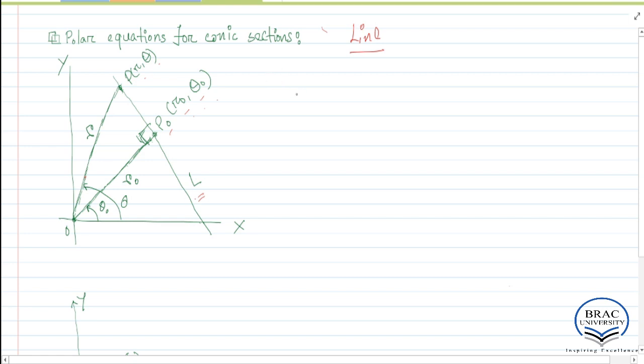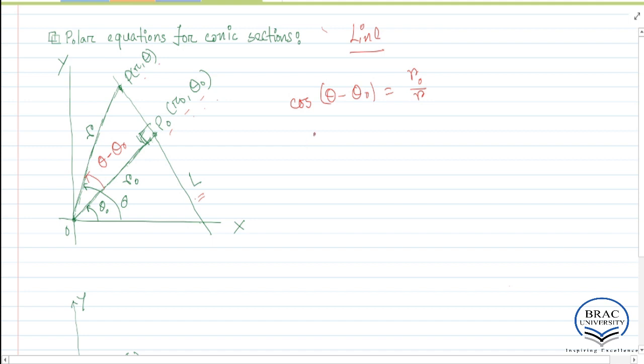Now we can express the cosine of this angle. This angle is the angle between the sides r and r naught. So we can express the cosine of this angle theta minus theta naught in terms of the sides of this right angled triangle, which will give us cosine of theta minus theta naught equals r naught divided by r.